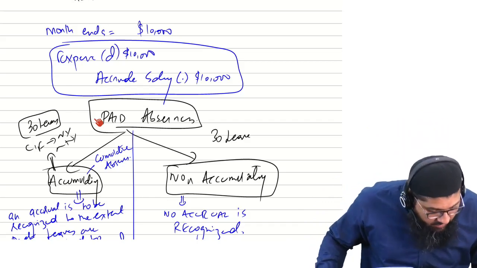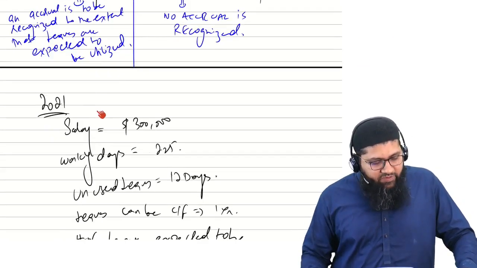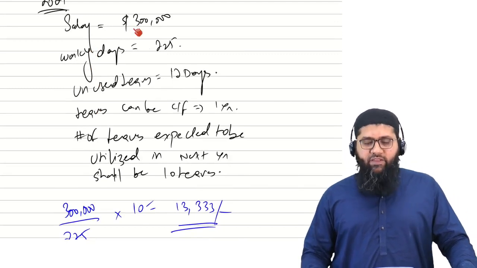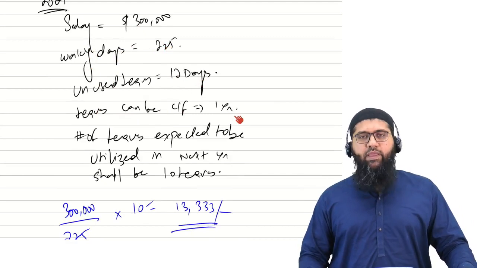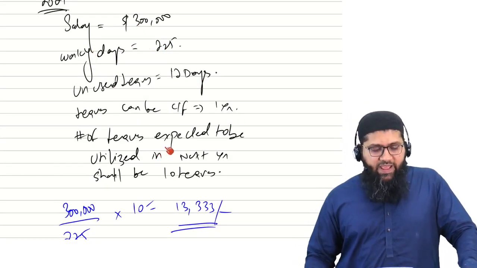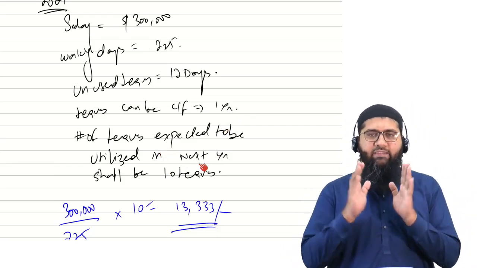Okay, Palvasha Khan, you are asking, I still didn't get these 10 days. Okay, see, salary is this, working days is this, unused leaves is this. Leaves can be carried forward for 1 year. The number of unused leaves which are expected to be utilized in the next year shall be this. Now, take an example.